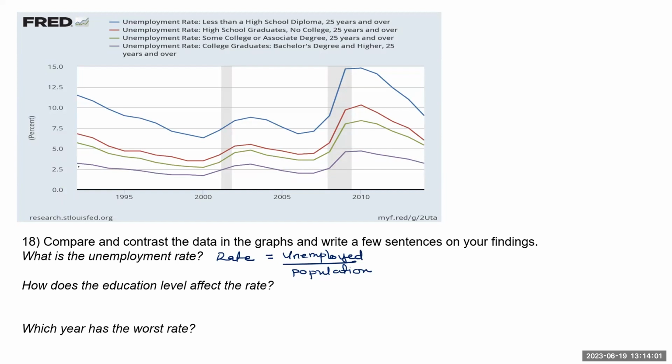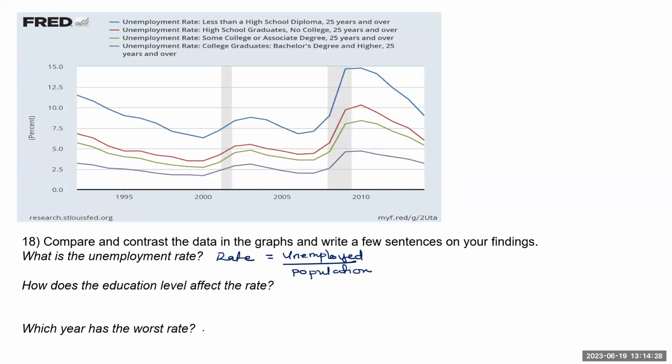Okay, so those that are in this region have a lower unemployment rate. And those in this region with less than a high school diploma have a higher unemployment rate. If you get a bachelor's degree and higher, then you fall into the category of low unemployment rate.